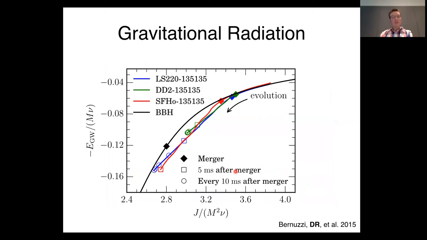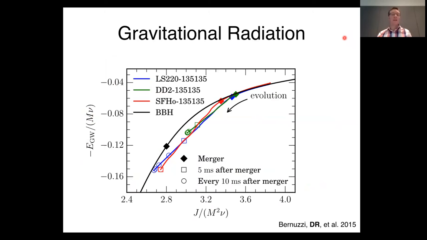And you can see this also very well if you look at the evolution of binaries in this kind of diagram. Here I'm showing the total emitted gravitational wave energy normalized by the mass and the symmetric mass ratio as a function of the angular momentum. You can think that a binary starts at infinite separation, so infinite angular momentum somewhere up here, and at zero binding energy.